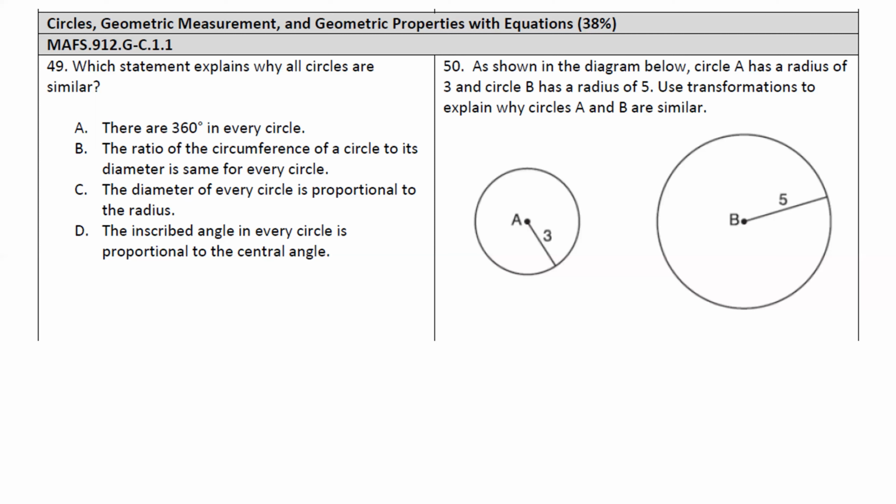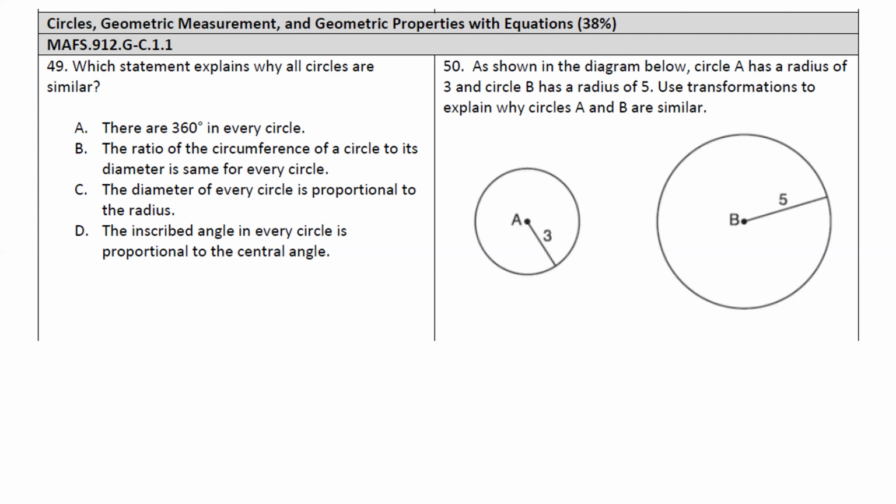No. Again, the tricky thing on this one is A, it says there are 360 degrees in every circle. That's a true statement, right? B, the ratio of the circumference of every circle to its diameter is the same for every circle. That's true. C, the diameter of every circle is proportional to the radius.